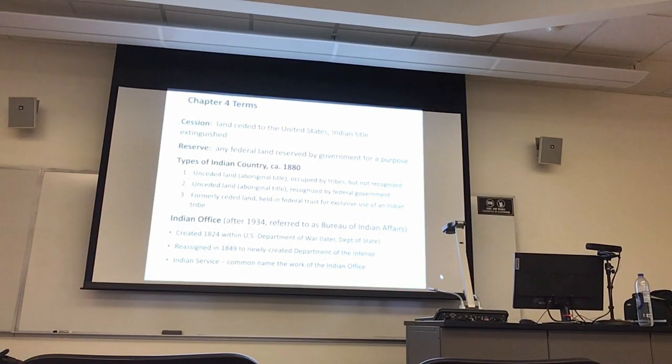We got that confirmed with Johnson versus McIntosh in 1823, right? The most important finding of Johnson versus McIntosh was that Indian tribes and individual Indian people cannot convey, that is, sell or trade or exchange or give land of any kind that has Indian title to non-Indians.